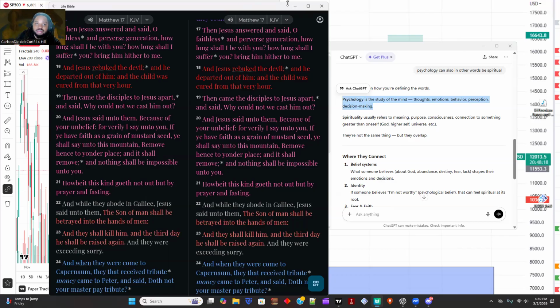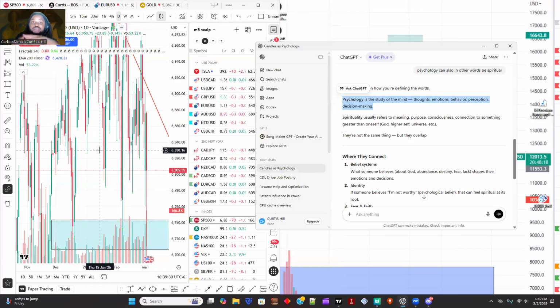Because again, like we said, these candles are psychology. You heard what ChatGPT said. This is the psychology of two different banks. So that means this is the spirit of two different banks. If you get your spirit together and you cleanse your spirit through Christ and get yourself together, then it'll be easy to look at these candles without any interruptions and just follow your system and perform. And that's where I'm at, and that's where you need to be at. That's all I'm just saying.